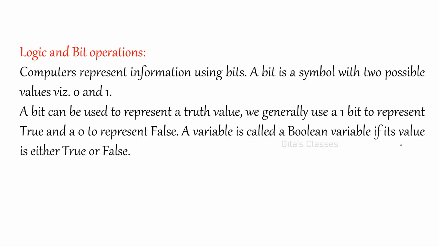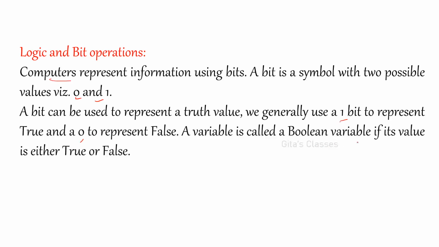Next is, as I have told you, bit operations and logic. Usually, what does a bit mean? A bit is a symbol with two possible values, which are 0 and 1, right? So every computer represents information using zeros and ones only. Bit means either 0 or 1. Generally for truth value true we use 1, and for false we use 0.